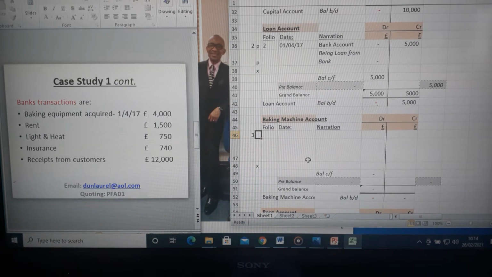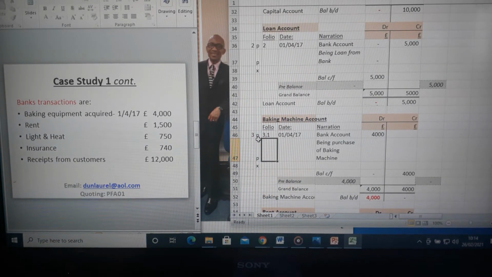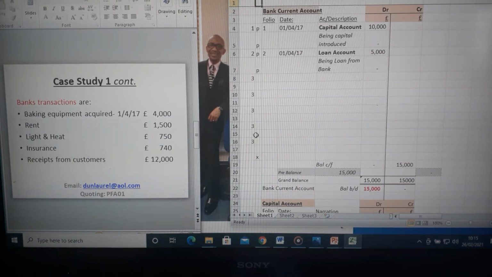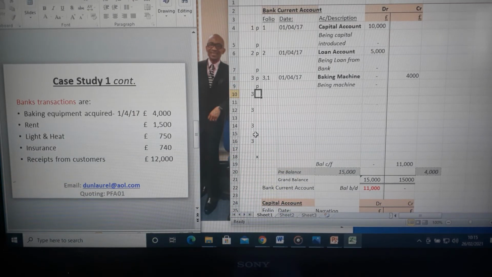So I will now debit the asset with 4,000, and I will put the narration, the description, which is being purchase of baking machine. So I debited the asset account. I need to do the credit entry in the bank account. Go back to the bank account and post that again as a credit to the bank account, and the description is baking machine purchase.